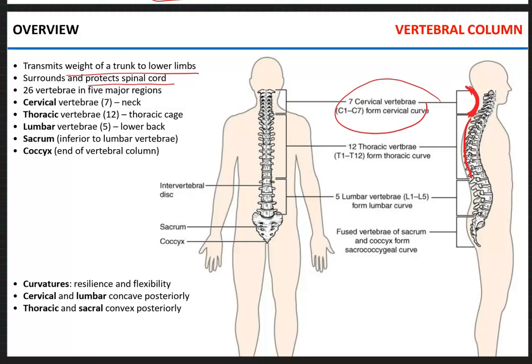Then we have 12 thoracic. Then we have 5 lumbar. And then we have a sacrum. Sacrum consists of 5 vertebrae that are fused together. And then at the very end of sacrum is coccyx.